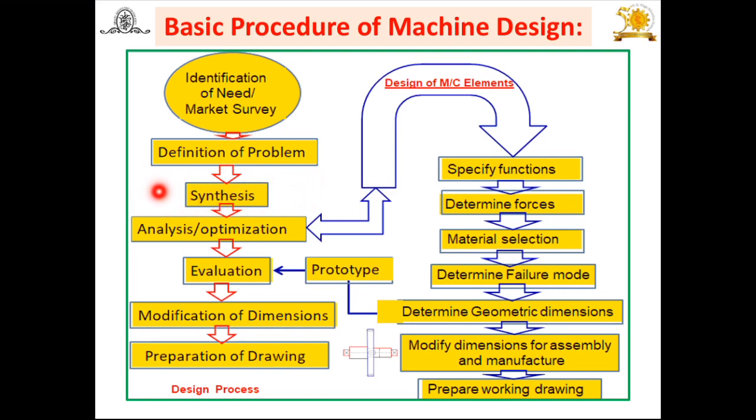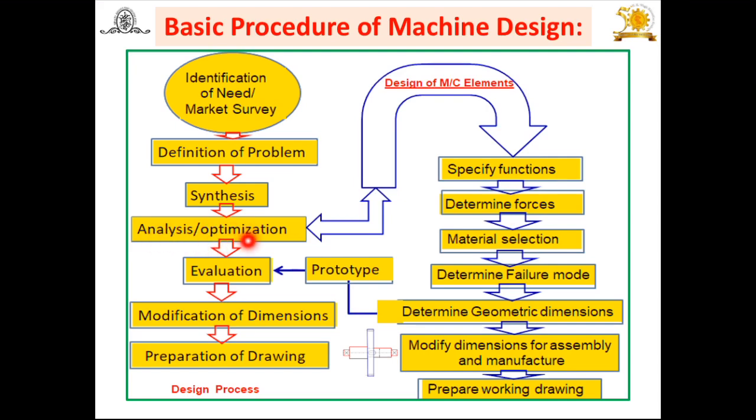From that many configurations we have to select the best one suitable. Take an example: to operate some machine, sometimes a mechanical mechanism using linkages may be used, sometimes a hydraulic system, sometimes a pneumatic system. That means 3 to 4 options are there, but which one is the best one? That is synthesis here.